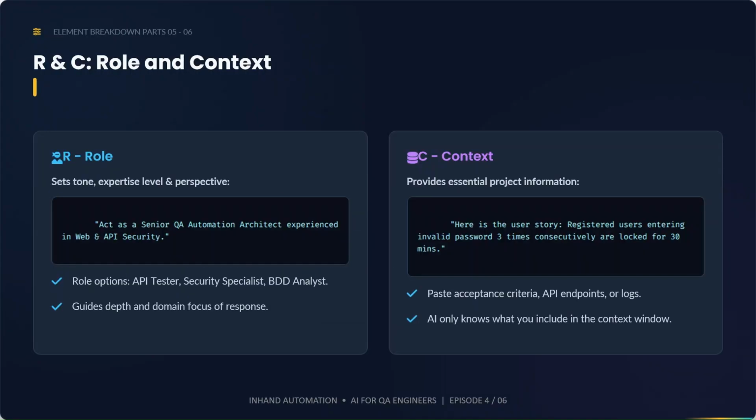So R and C, which stands for role and context. So what does role mean here? Firstly, Rahul changes his prompt. Initially, he was telling, give me test cases. Now he is writing, act as a senior QA automation architect, experience in web and API security. So this is how he is defining a role in the prompt.